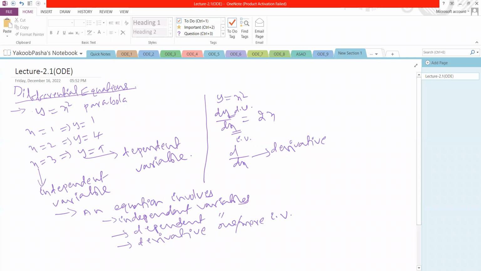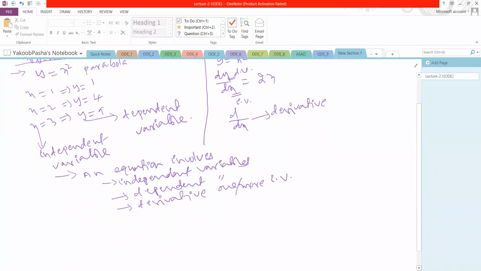Once again, an equation which involves independent variables, dependent variables, and derivatives with respect to one or more independent variables, then that equation is called a differential equation.